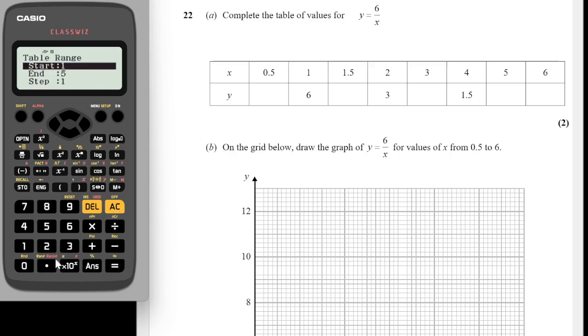I want to start at 0.5 and end at 6, and even though I don't need all the 0.5 values, I want to go in steps of 0.5 for my first 3 values. That will automatically do it for me.